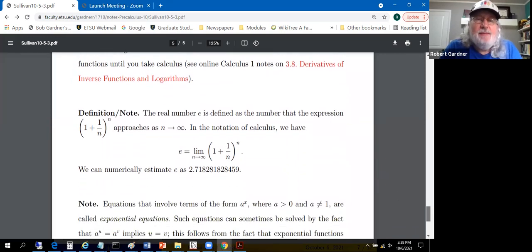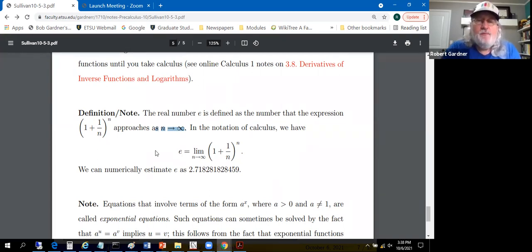This number e can be defined by taking a limit as n approaches infinity of the quantity 1 plus 1 over n, to the n. A limit, well, we haven't defined that, but we've used the limit notation when talking about asymptotes. The idea is you plug big numbers in for n, and that gives you an approximate value of e.